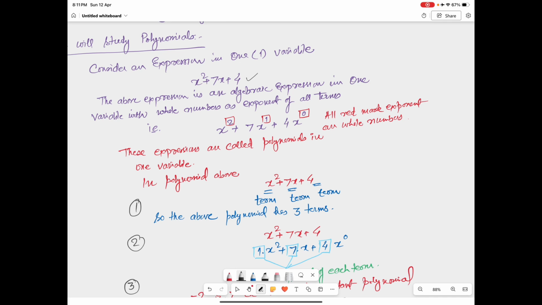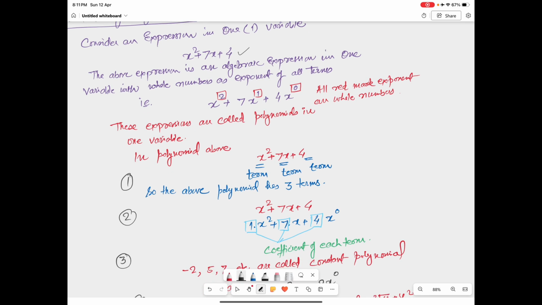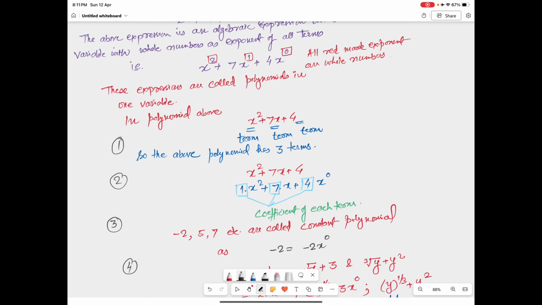So you must understand the polynomial should have exponents in whole numbers, and the different terms are x square, 7x and 4, which are added or subtracted with whatever sign is there. This is how polynomials are expressed. There are some properties of polynomials, and I'll come on to that.